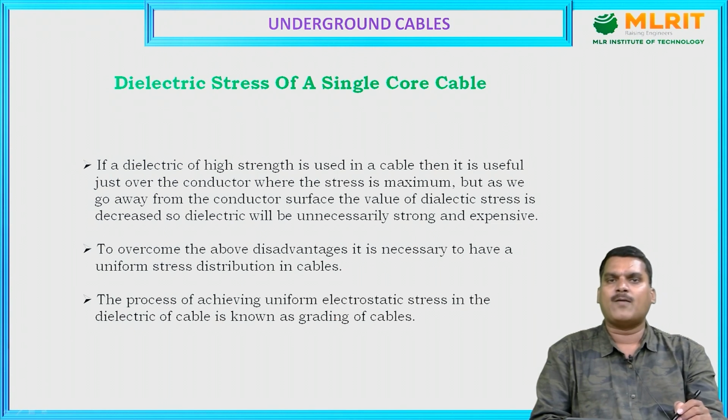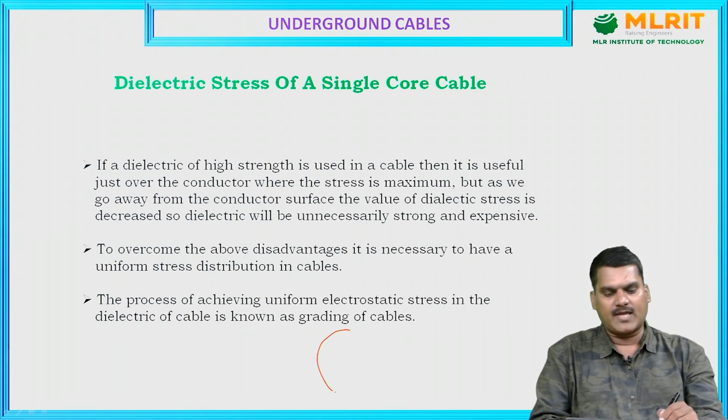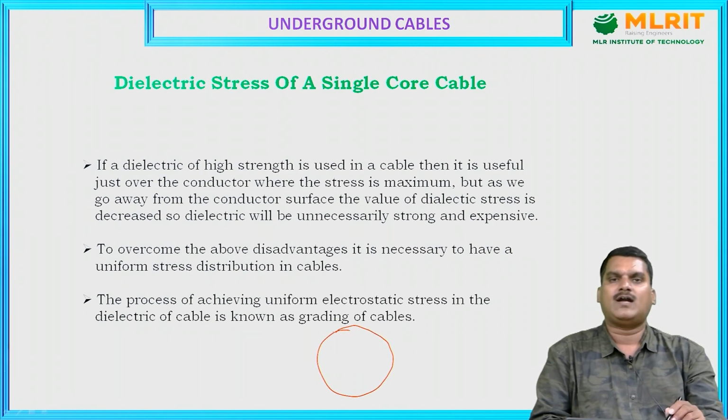To overcome the above disadvantage, it is necessary to have a uniform stress distribution in the cable, so that we can make an economical model of underground cables. The process of achieving this uniform electrostatic stress is called grading of the cables.